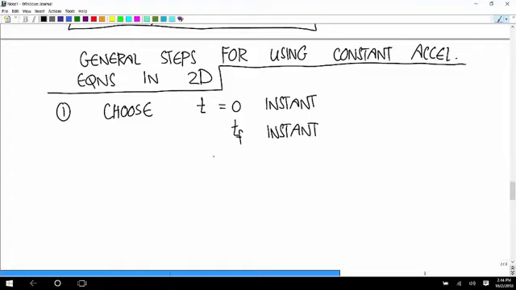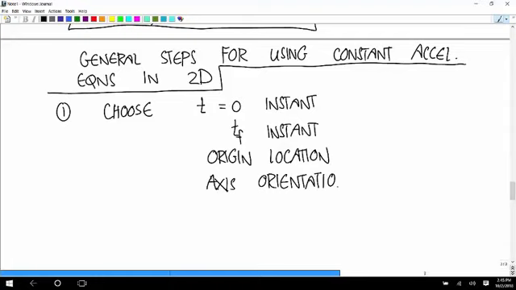So we also have to choose the origin location and the axis orientation. A lot of times I'm just going to call these two things together, choose the coordinate system, but it's sort of two separate aspects of the coordinate system. So just keep in mind that all we're doing is the two-dimensional version of the stuff we had to choose in 1D.